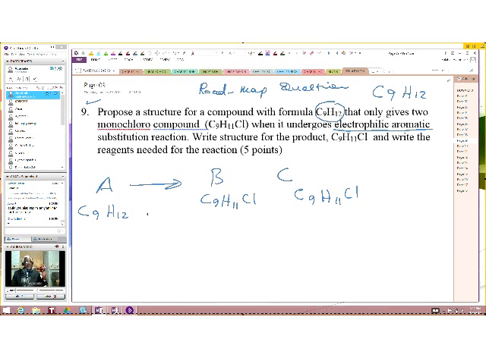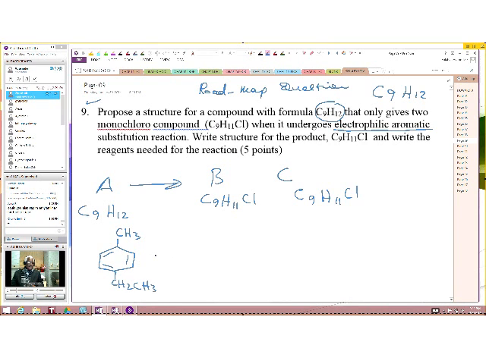Okay, so therefore, what kind of combination of structures can we give here? Let me help you out here. I would say the molecule has got to be this. Okay, you know that it is benzene. Benzene, we have 6 carbons here. We only have 3 more carbons to go, right? So it could be a methyl here. It could be an ethyl here, right?